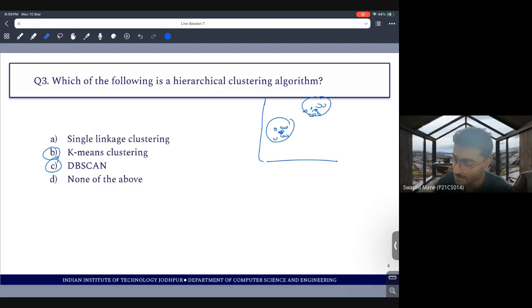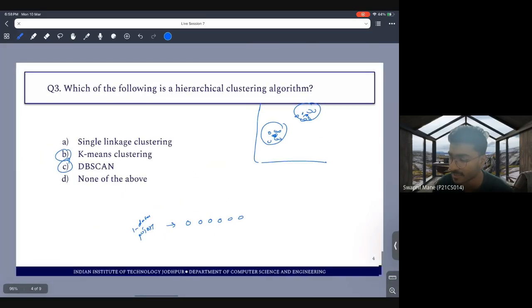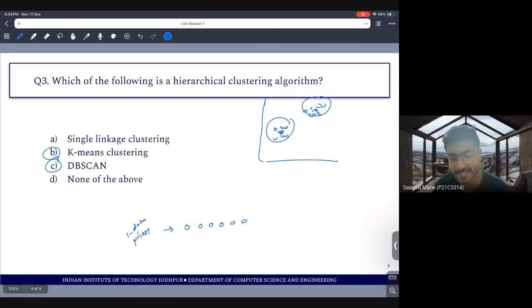So as we have discussed, these are single data points. We consider each data point as a single cluster, and we are taking the distance.